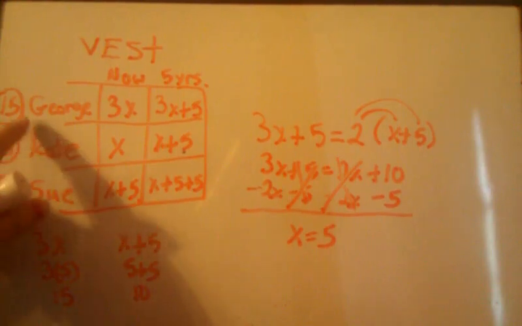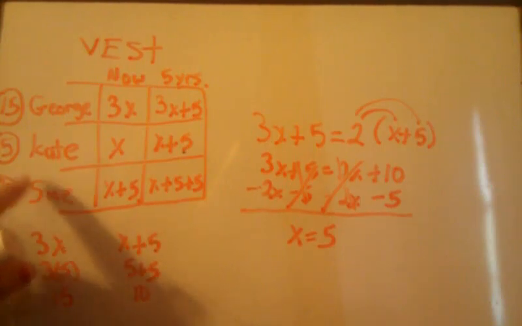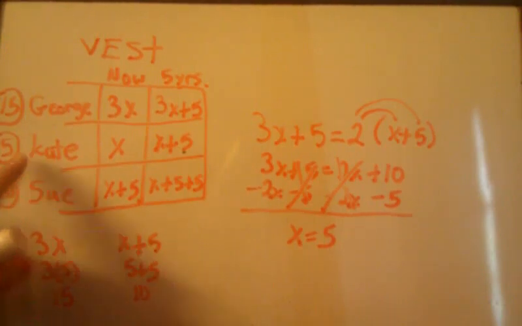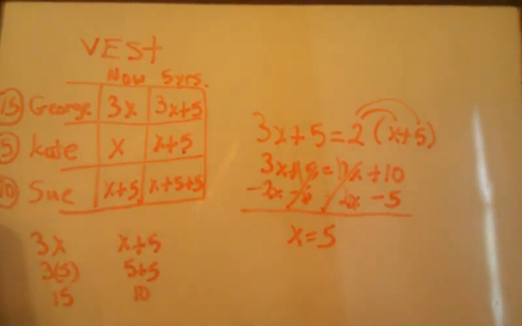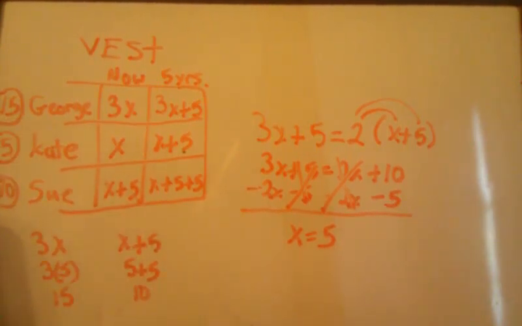Kate's 5, so George is 15. Kate is 5 years younger than their sister Sue. Sue's 10. Kate is 5. That's 5 years younger. In 5 years, George will be twice as old as Kate. In 5 years, George will be 20 and Kate will be 10. That will be twice as old, so that's exactly correct. Okay? Go ahead and go to number 1.